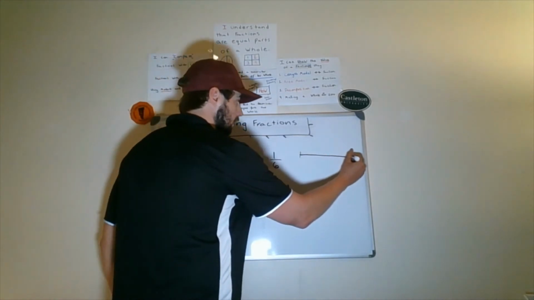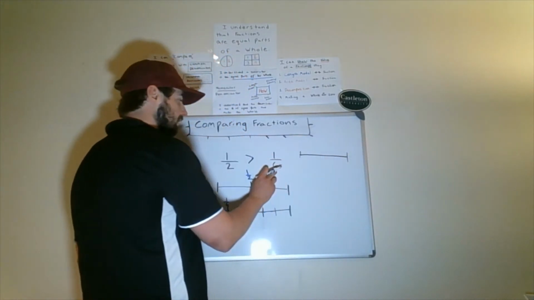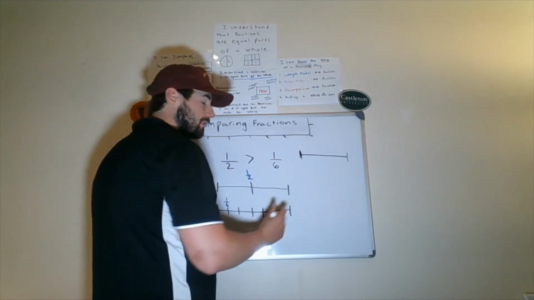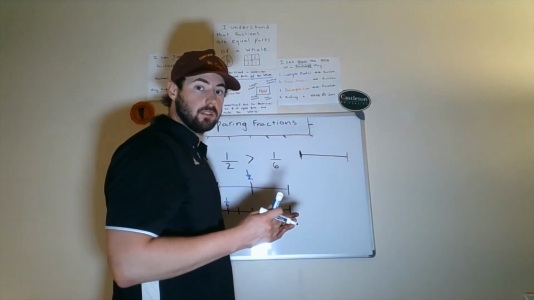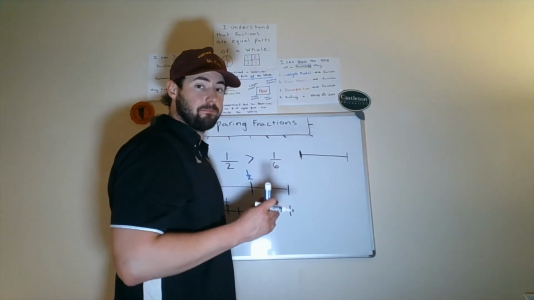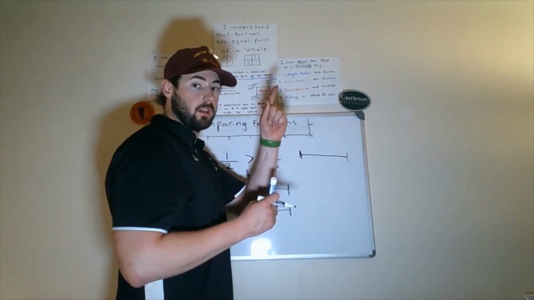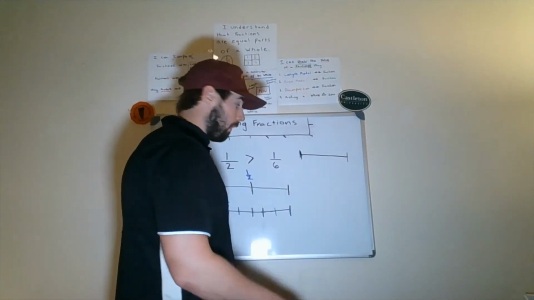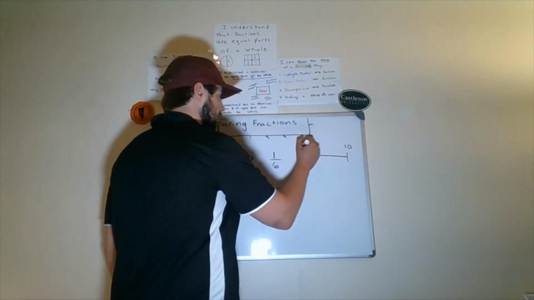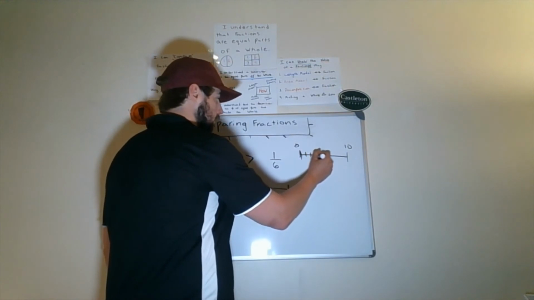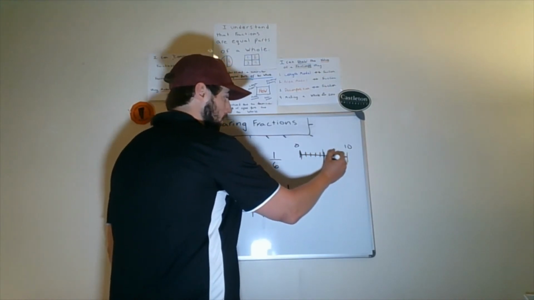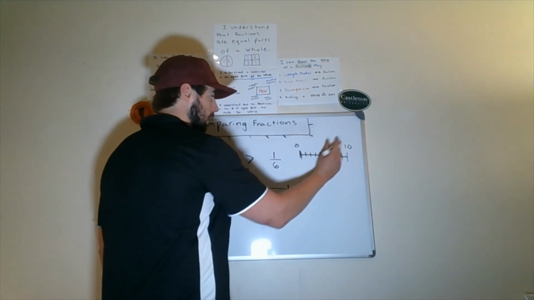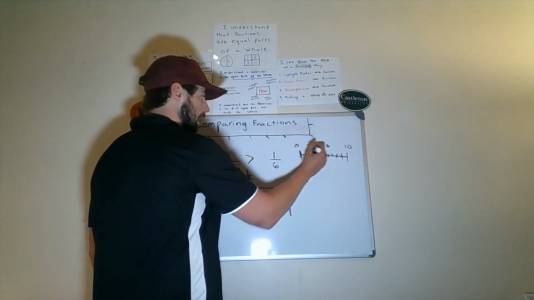Because 6 is a larger number than 2. But as the number of parts gets larger, there are more parts, the parts get smaller. 6, right here. 2, right here.